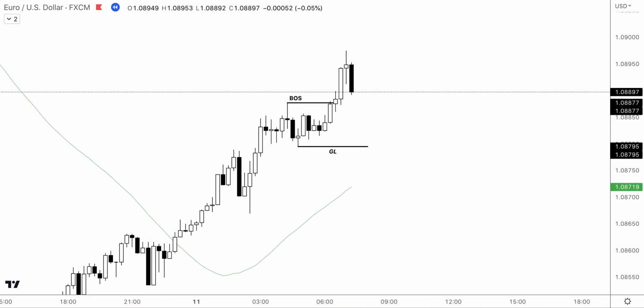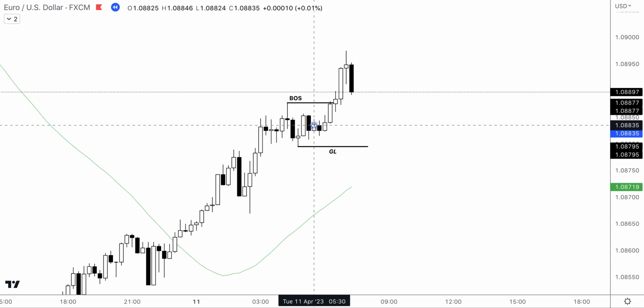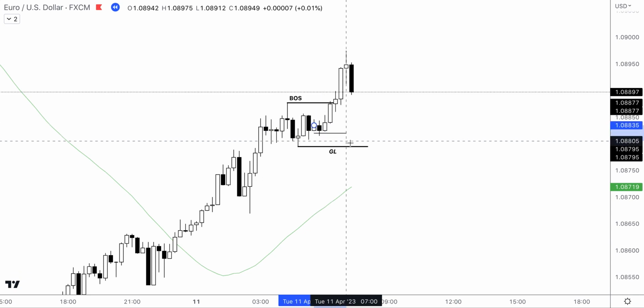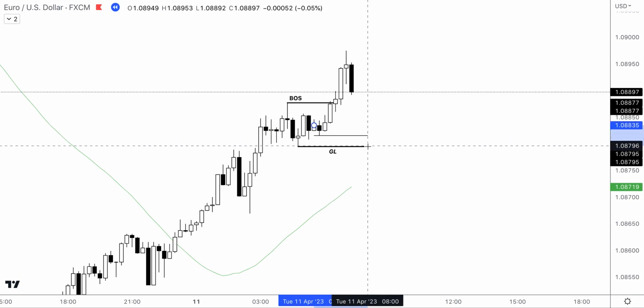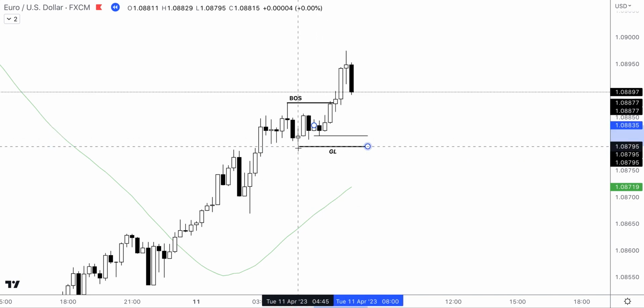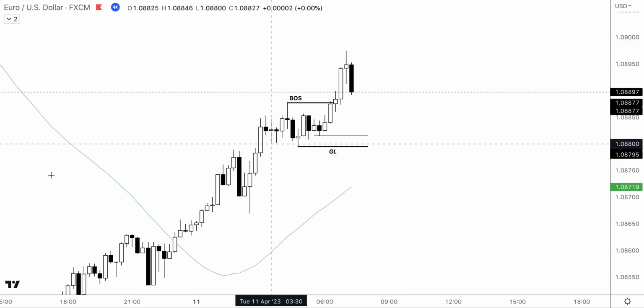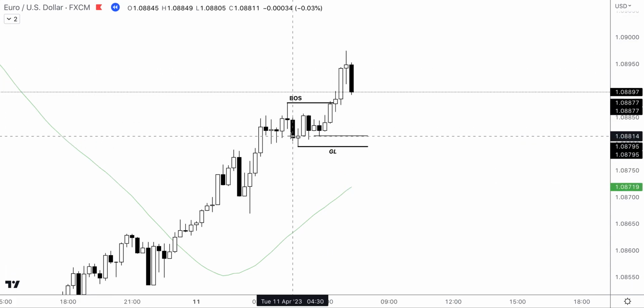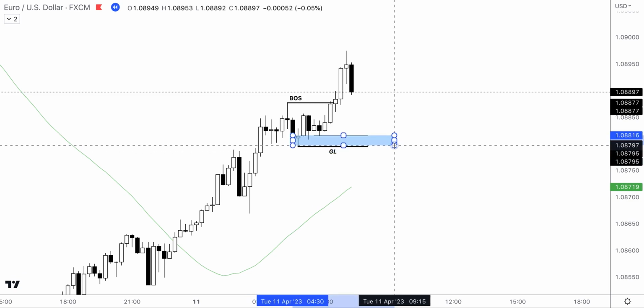In regards to our extreme supply, this is the last bearish candle before the break of structure, and we want to see 50% from that open down to our low. So we can mark on our extreme supply, and that is the zone that we want to be looking for longs from.